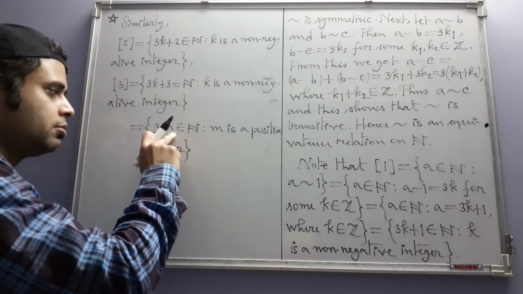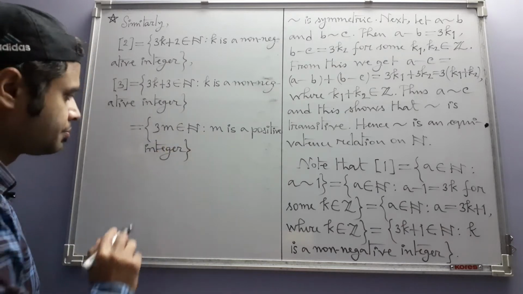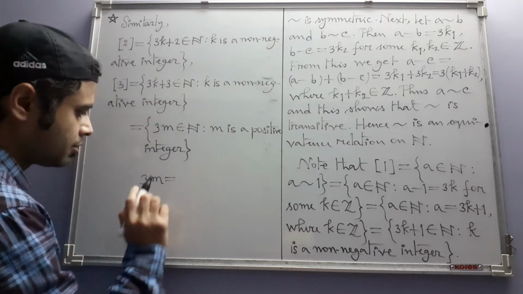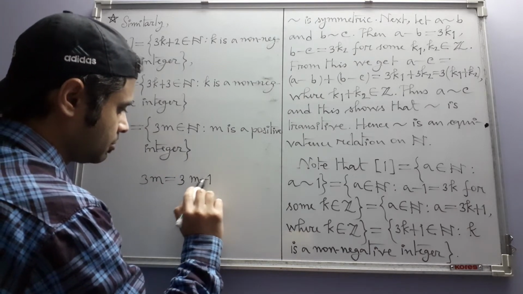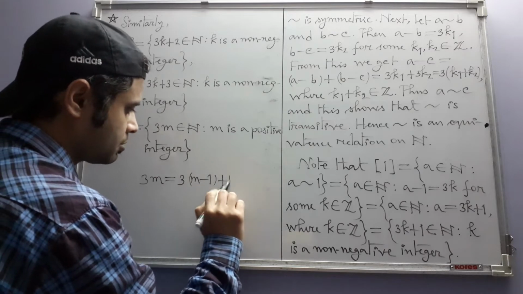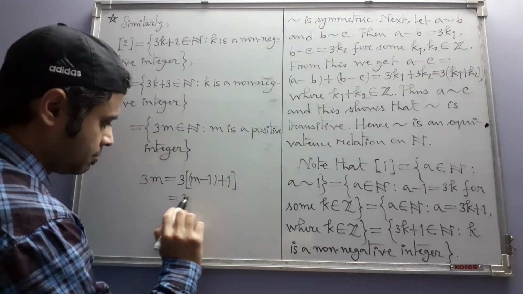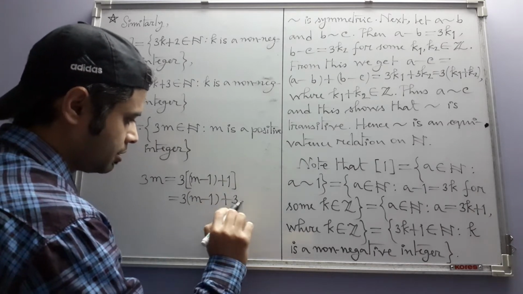And if you choose an element from this set, then it looks like 3m, but that 3m of course you can write as 3 times m minus 1 plus 1, or 3 times m minus 1 plus 3.